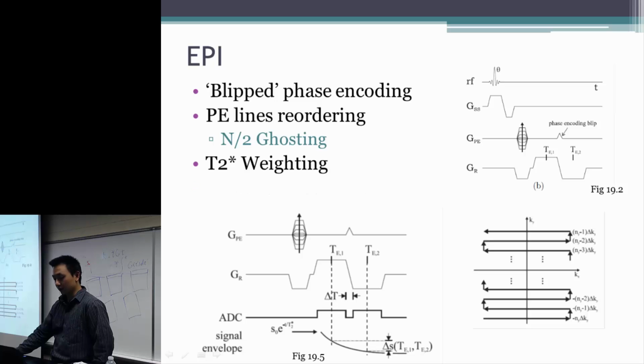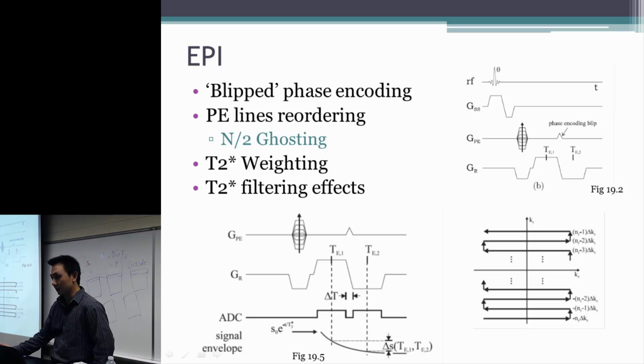And also, of course, if we are talking about the gradient echo, EPI is T2 star weighting. During the whole readout train, the signal is decaying along T2 star, so there is a T2 star filtering effect. This is actually what limits the resolution for EPI readouts.